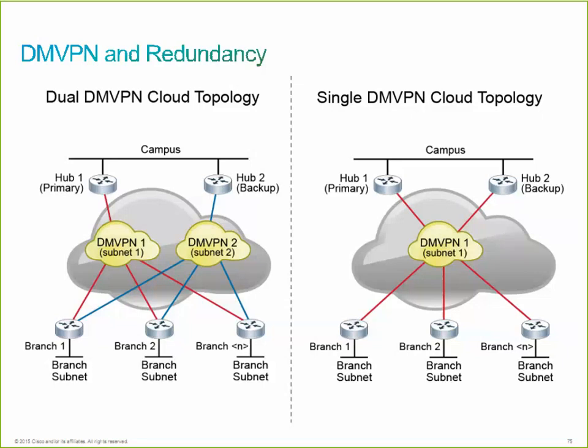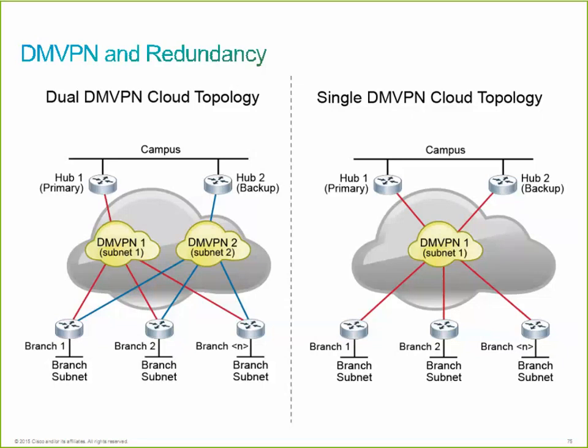However, in the single DMVPN topology, the hubs appear to be 2 different next hops using one multipoint GRE tunnel interface. In the dual DMVPN topology, the hubs appear to be 2 different next hops, with two different GRE or multipoint GRE interfaces. All right.